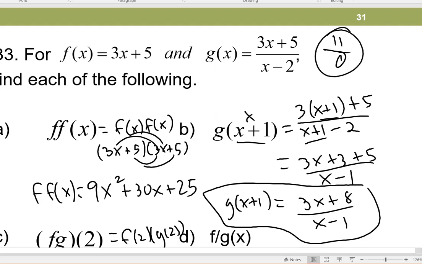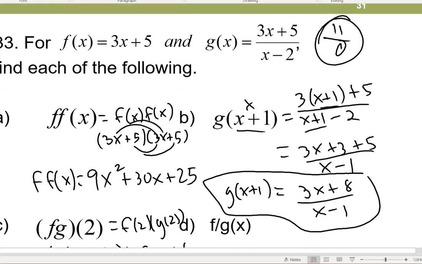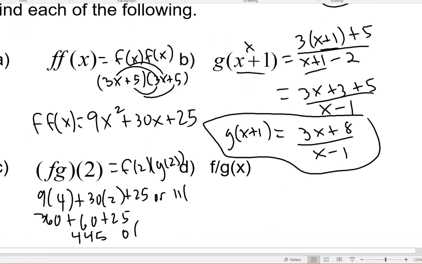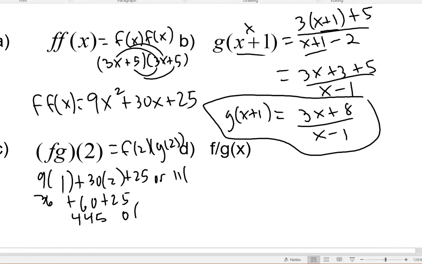Uh-oh, we got an issue. See, there was no restriction, right, with... Oh, that was f of x. I was mistaken, wasn't I? So all of this on the beginning was a mistake anyway. So f of 2 is 11 times, this becomes 11 over 0.